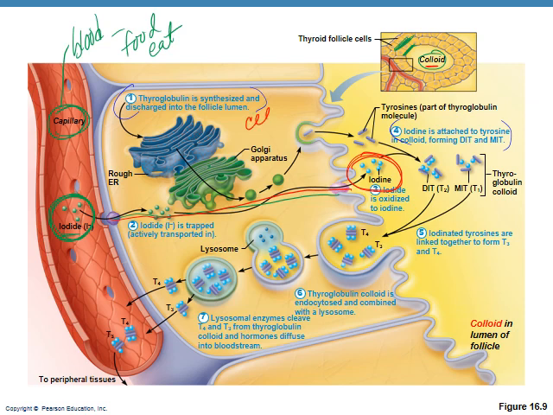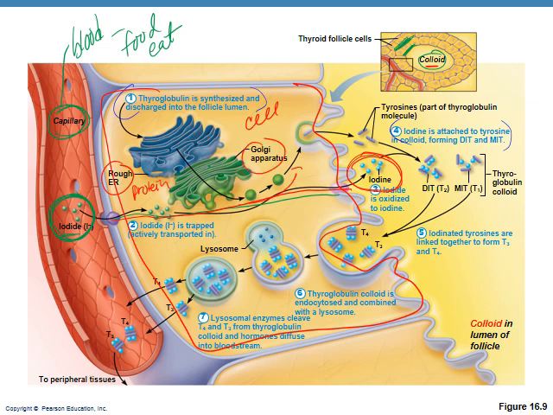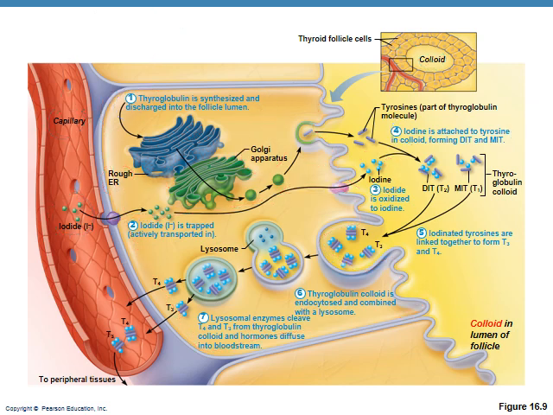This whole squiggly thing is a cell. It has rough ER, where we make proteins. It has a Golgi apparatus, which is how we transport proteins. So let's erase all that so we can start over again. The iodide is going to travel through the follicular cell into the colloid.